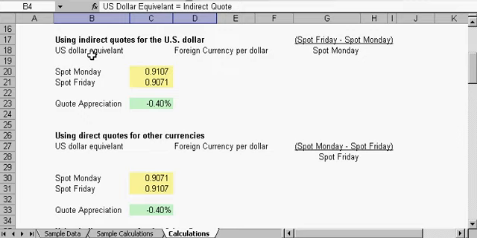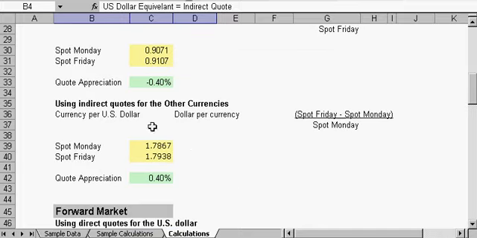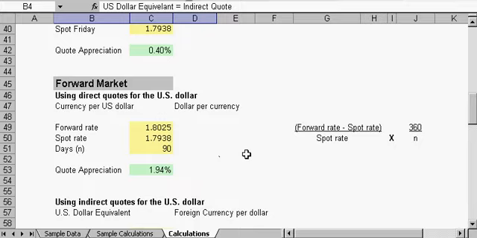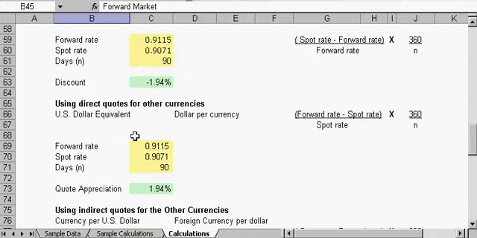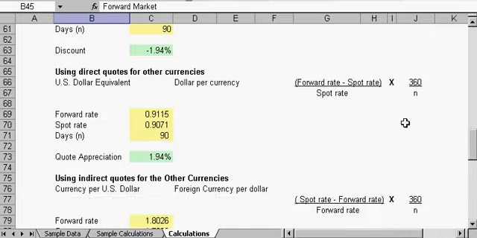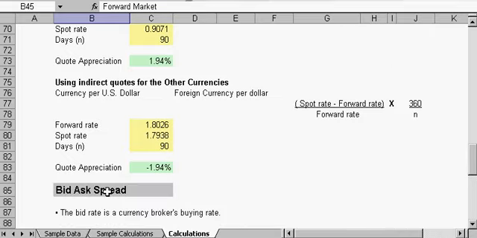So this way we can get a real idea of perspective, because that's really the hardest thing to get over when we're working with foreign currencies. Basically just fill in these fields for the rest of them, and that's how that works. Forward market, same as the spot market, except it does some different calculations. It has a forward rate, spot rate, and it multiplies it by time.